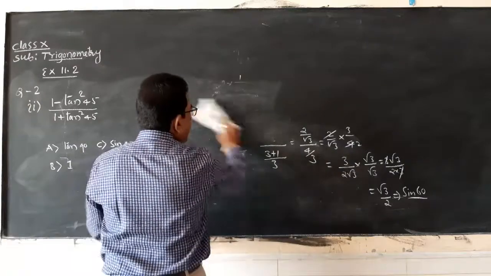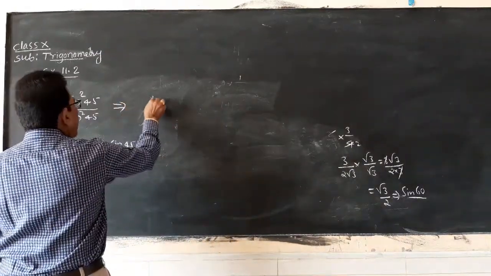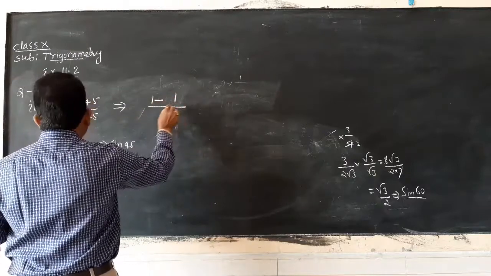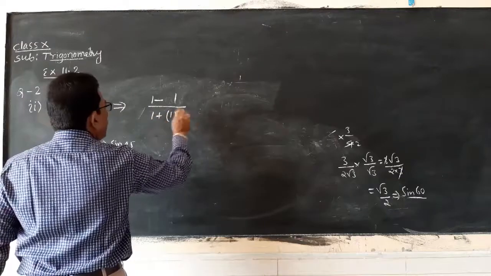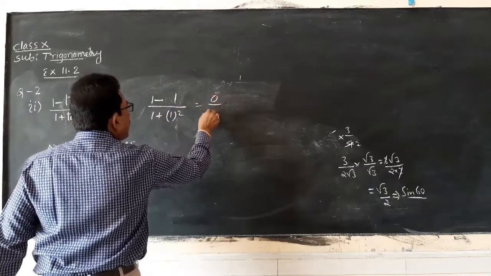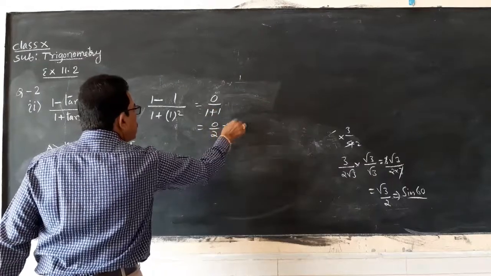Tan 45 is 1, so 1 minus tan square 45, 1 square is 0, divided by 1 plus 1, that is 0 by 2, which is equal to 0.